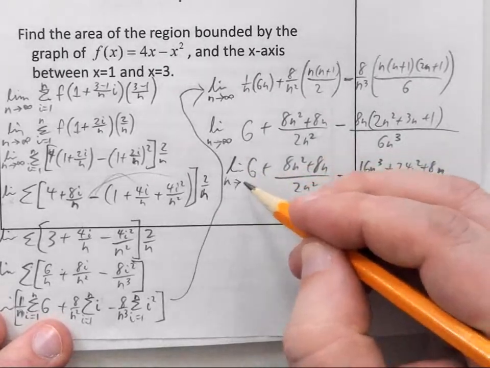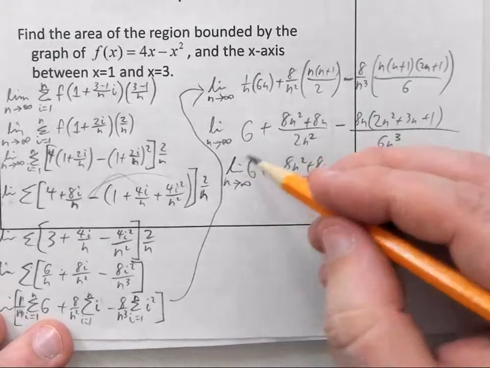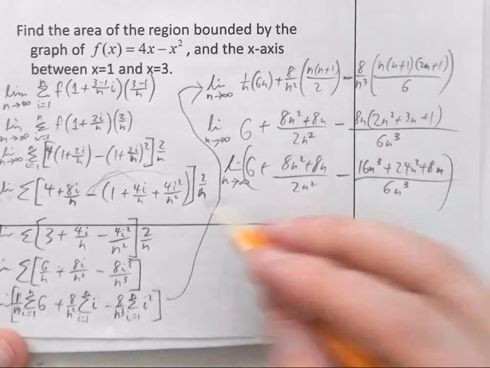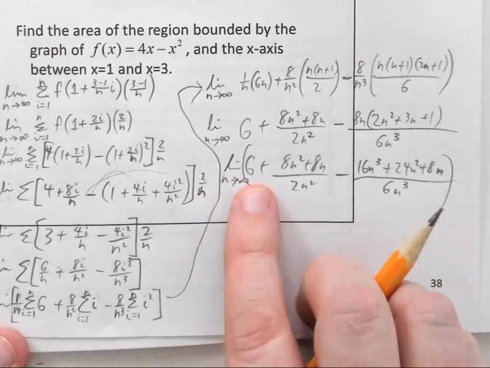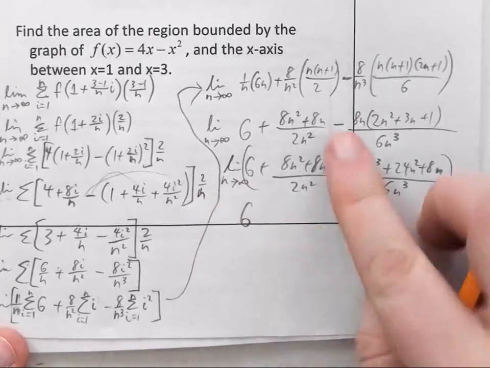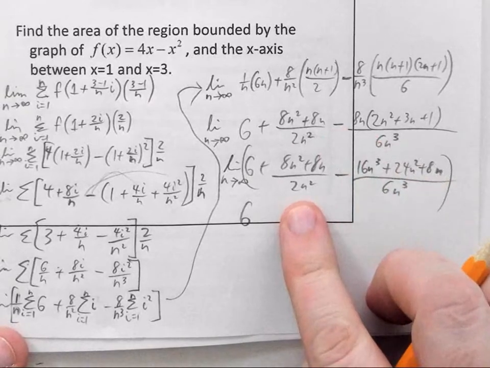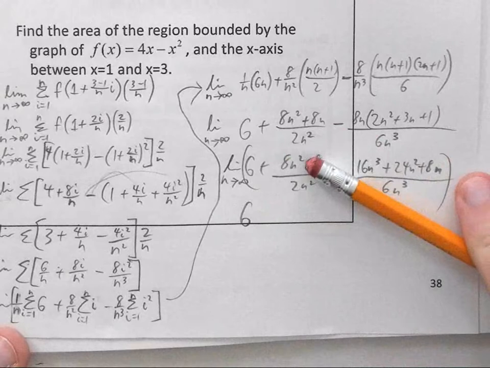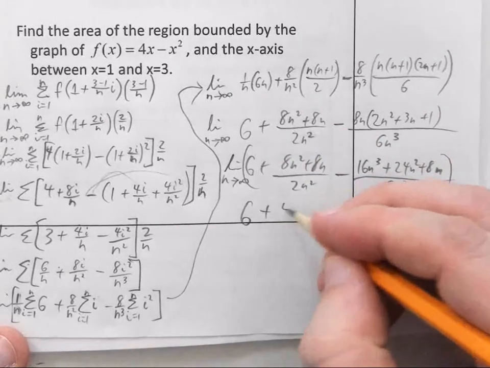Limit as n approaches infinity. Finally, I can actually do that limit, because I have those separate terms. I'm going to apply the limit to each piece. What's the limit as n approaches infinity of 6? 6, yep. What about for the next fraction, the next term here? 4, because the 8n doesn't matter. 8n squared over 2n squared is just 4.